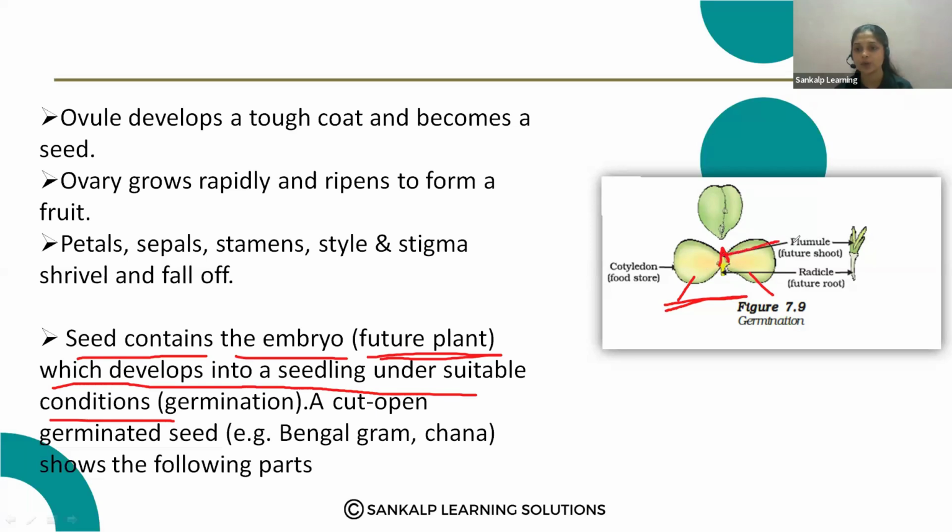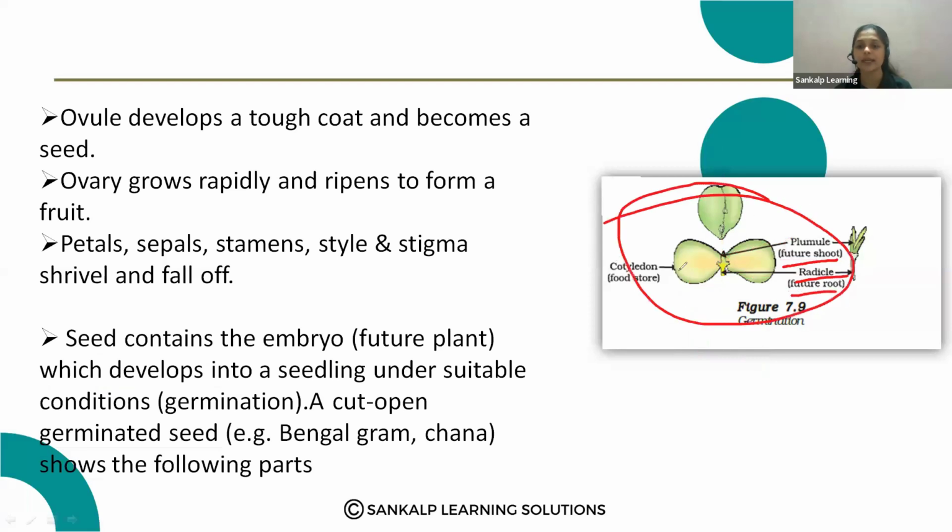This is the plumule, called the future shoot, meaning it will develop into the shoot part of the plant. And this part is called the radicle, and it will develop into the future root. Please remember, the plumule means the future shoot and the radicle means the future root.